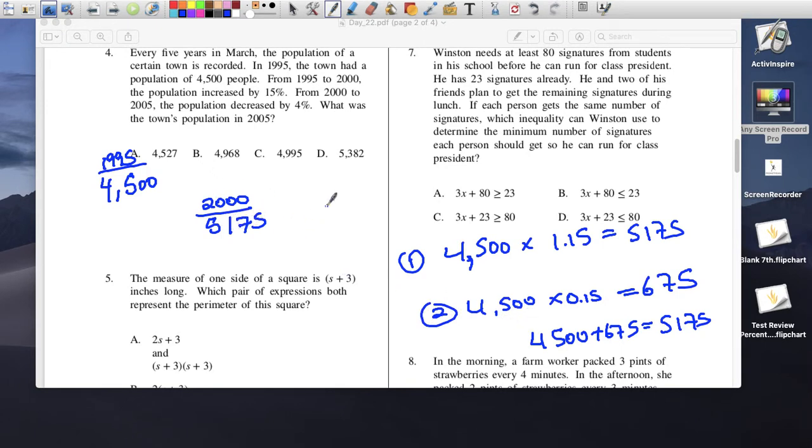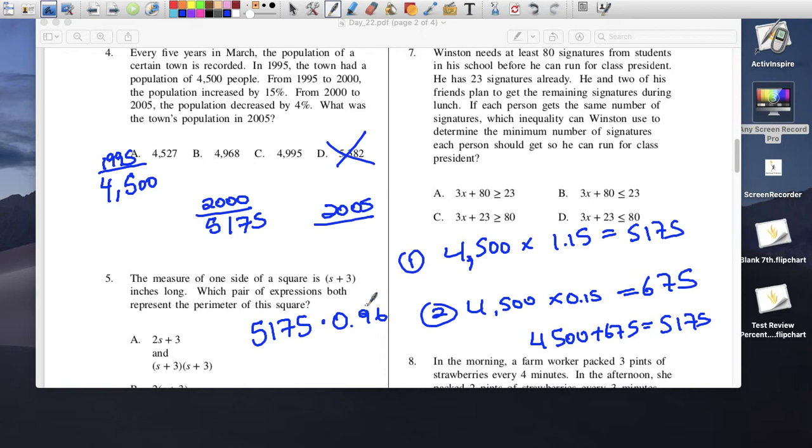And then in 2005, it said it decreased by 4%. So you have 5,175 people, and obviously the population went down, so it's going to be a value less than 5,175. Right away, I can get rid of that. So let's see what a decrease of 4% looks like. You could have multiplied 5,175 by 0.96 in your calculator, because 100 minus 4% is 96.